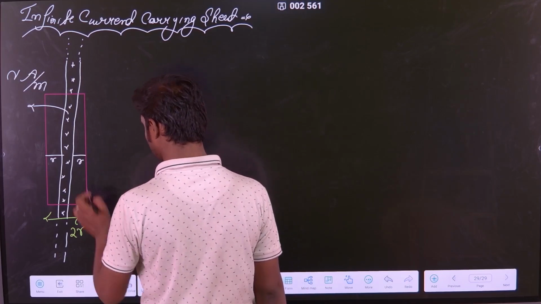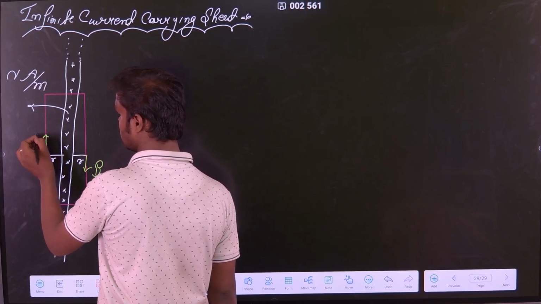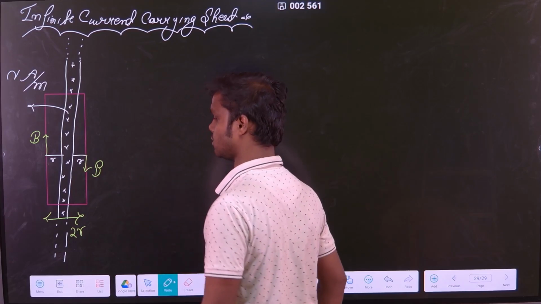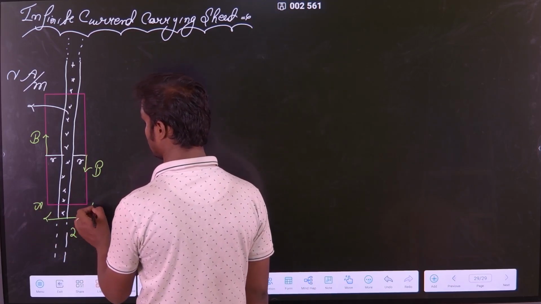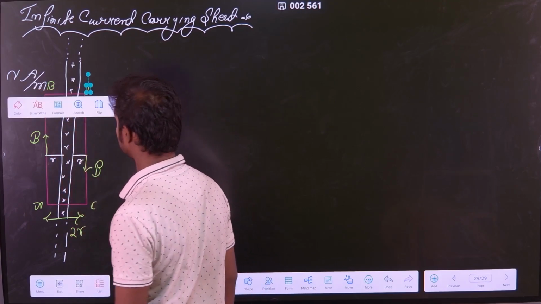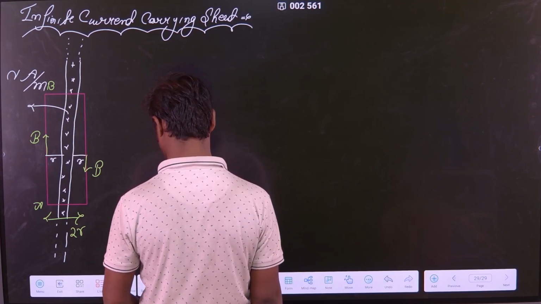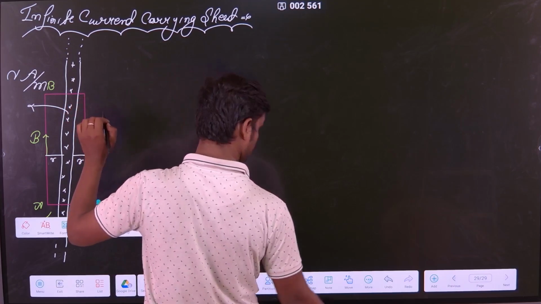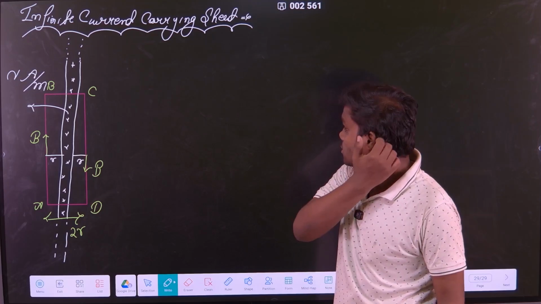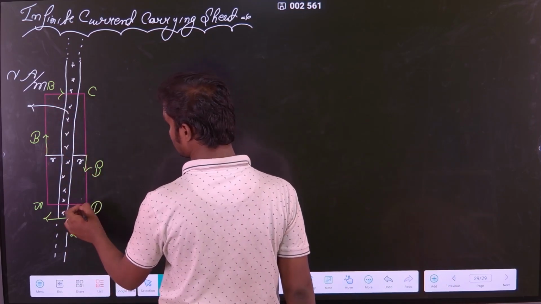But that's what I'm saying, there are some experimental observations, and on that experimental observation we are taking B, B. Okay, and the same for A, B, C, D. Any doubt?